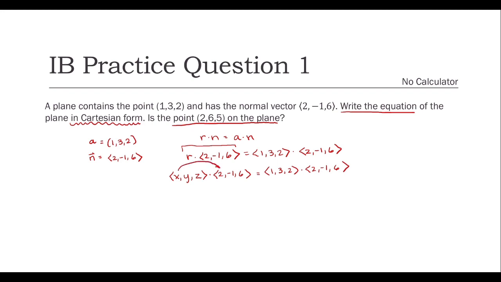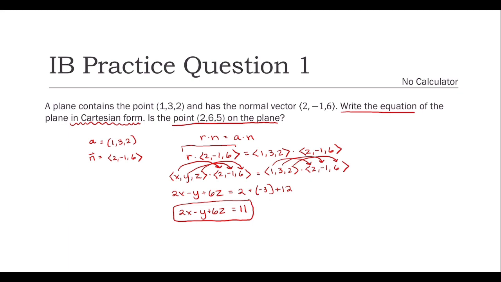So then we'd have 2x minus y plus 6z equals 1 times 2 is 2, plus 3 times negative 1 is negative 3, plus 2 times 6, which is 12, so plus 12. So 2x minus y plus 6z equals 2 minus 3 plus 12, which is 11. So this is our equation in Cartesian form.